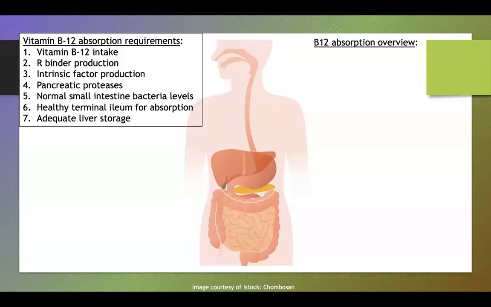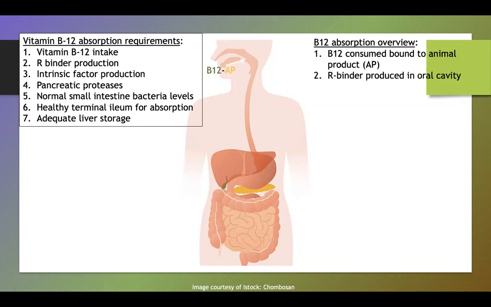Vitamin B12 is definitely important. I went over a lot of B12 concepts in our stomach lecture, but I'll just remind us how it works. It's always good practice to remember. So our B12 is bound to animal product and it enters our oral cavity. There we have our R binder produced, and each of these travel to the stomach.